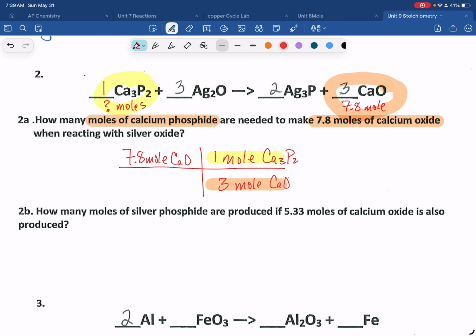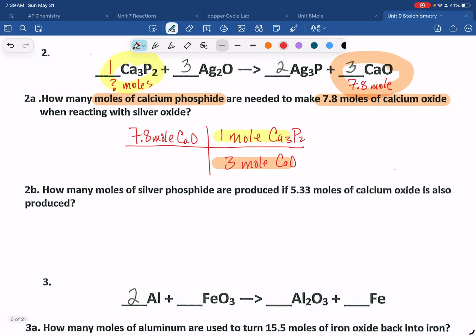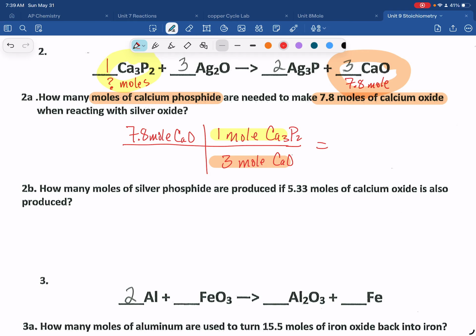The mole ratio comes right from the balanced equation, and you use the coefficients in your balanced equation. So this time, we actually have to do some math. 7.8 times 1 divided by 3 gives us 2.6 moles of Ca3P2.